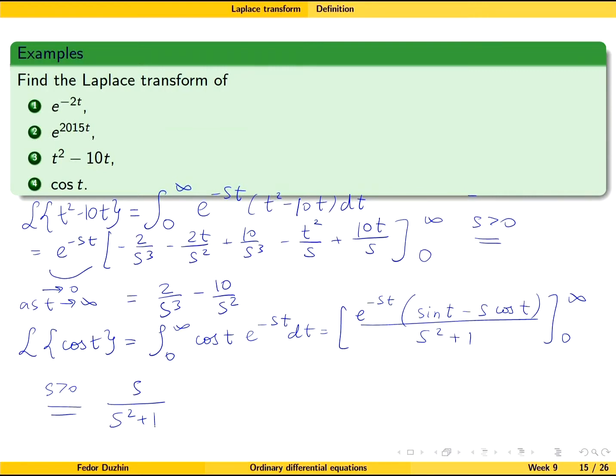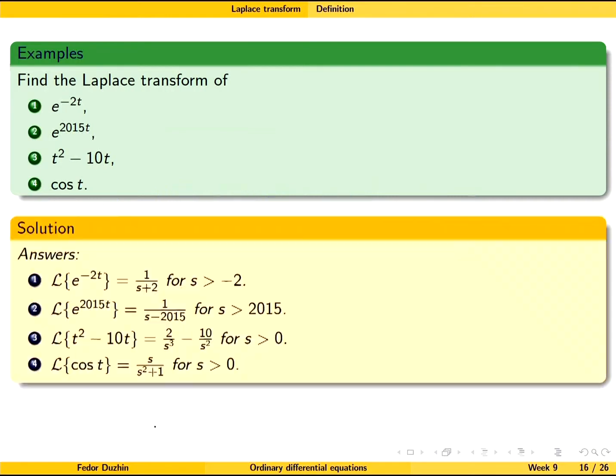This gives you some intuition of what the Laplace transform is about. Basically, the input of the Laplace transform is a function of t, and the output is another function of s, a completely different function. If the input is an exponential function, then the output is 1 over s minus some number, a fraction.